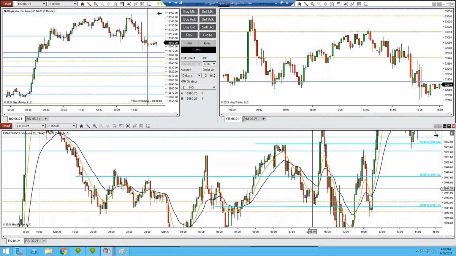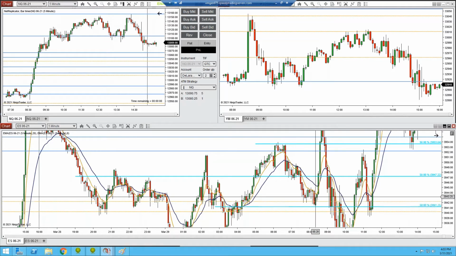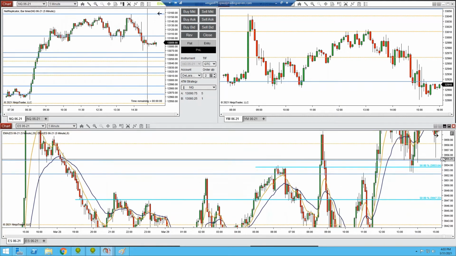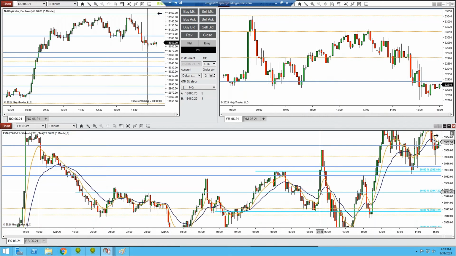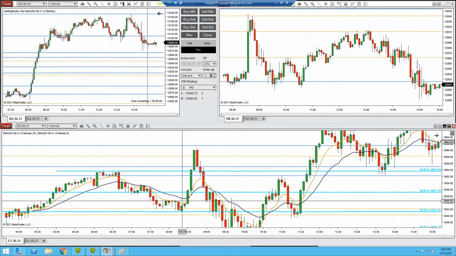Let's come down. We get a retest off here. And where are we long at if we take this? Maybe here, maybe up here. That's hard. I don't know which candle that would be on.